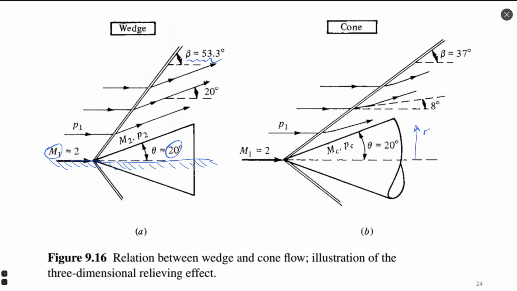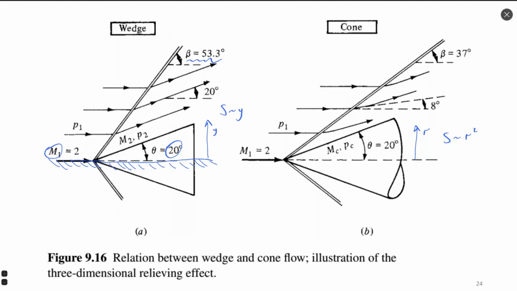So S is proportional to r squared, literally πr squared, right? And when we are looking at a wedge, two-dimensional planar flow, and we see its coordinate y, for example, we see that here area is proportional to y to the power of 1.